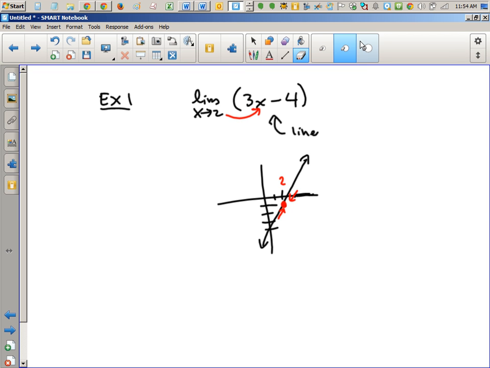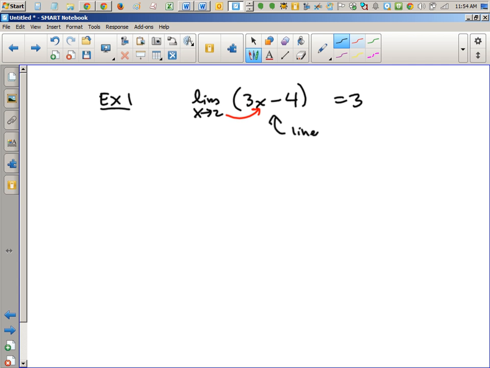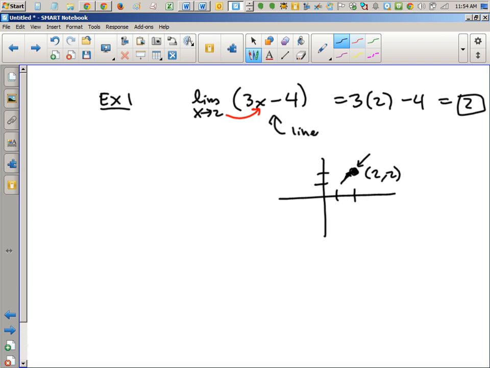So I'm just going to solve this by plugging in the 2, and it gives me 3 times 2 minus 4, which is 2. This is the answer. What does it mean? It means if you're over here near 2, not only is the point (2, 2), but the curve, it's a straight line actually, is also approaching 2 on each side.